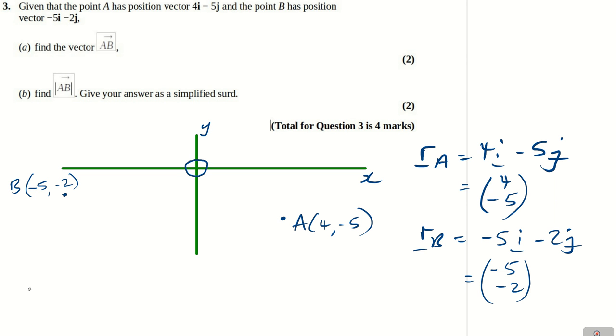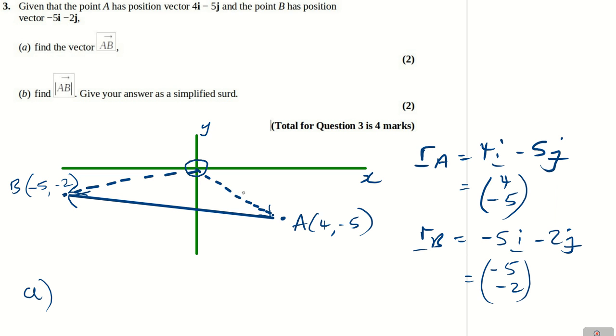And for part A, we've got to try and find the vector AB, the vector that goes from A to B. So what we're looking for is this vector here that goes from A to B. And remember, what we're given is this vector here, which is the position vector of A, and we're also given the position vector of B, so we're given that vector there.